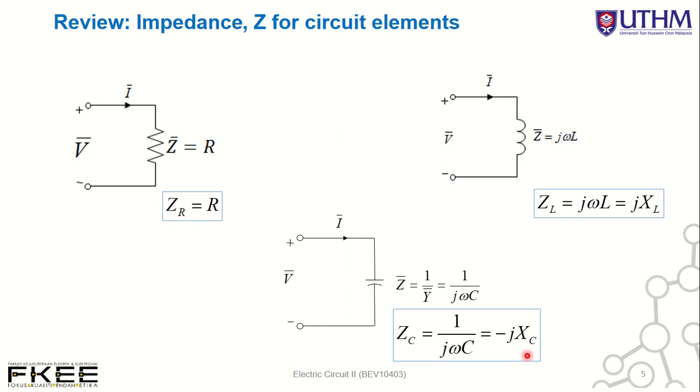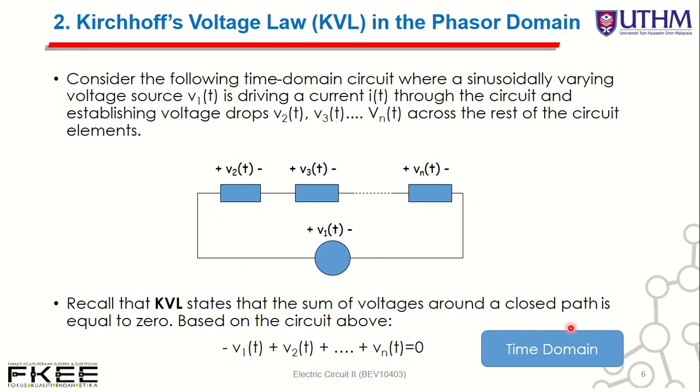In this case, our XC equals 1 over omega C. Or we can write Z equals 1 over Y, the admittance. This is a review of the impedance of the circuit elements. Next we look at Kirchhoff voltage law. What is Kirchhoff voltage law?